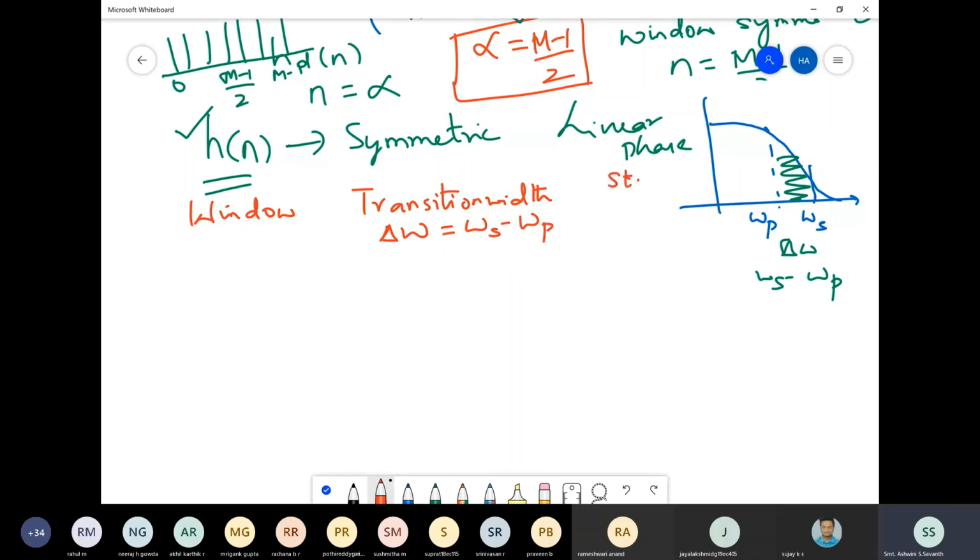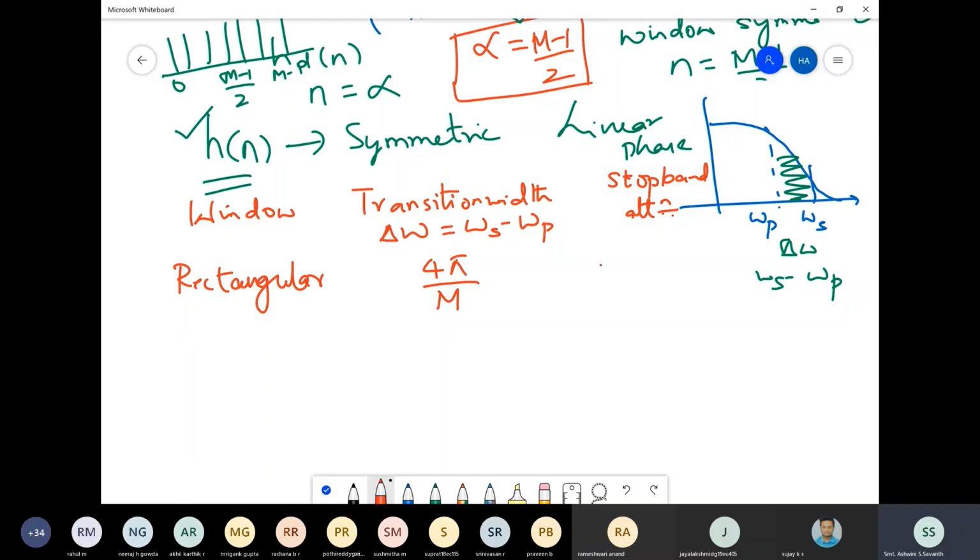Then stop band attenuation. The pass band attenuation is not seen in this case. Only depending on the stop band attenuation, we select the window. So the first one is the rectangular window. The rectangular window gives a transition width of 4 pi by M. What is M? The order of the filter.